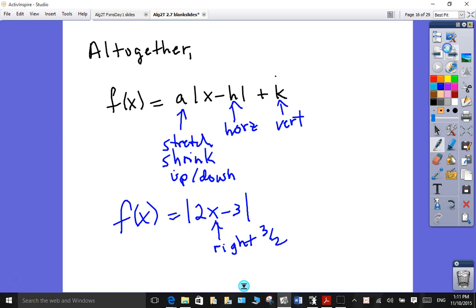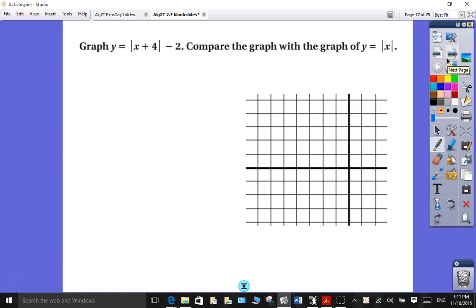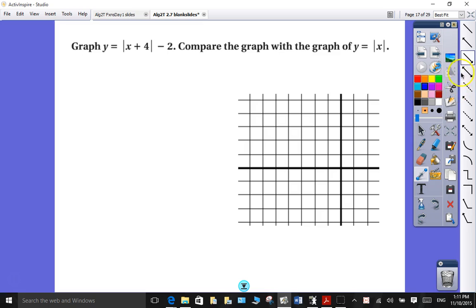Okay, let's go. So, graph. It says graph this function and compare it to the parent function, y equals absolute value of x. Again, the parent function is at the origin, so let me put that in. That's a V that looks like that.